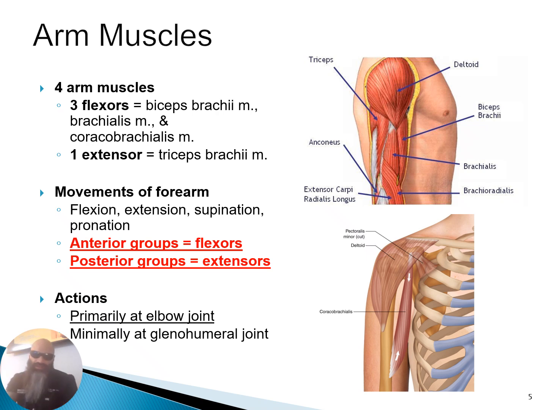So primarily at the elbow joint, flexion and extension occur, while supination and pronation occur at the forearm, not the wrist. I'll write that down. That gets confused a lot as well. Basically these muscles do almost everything at the elbow joint.